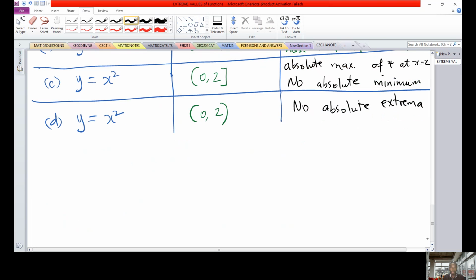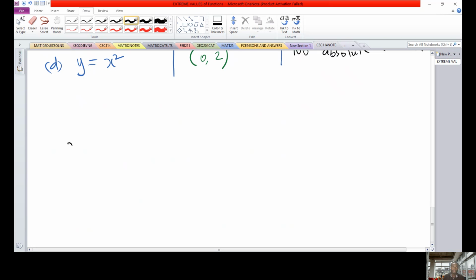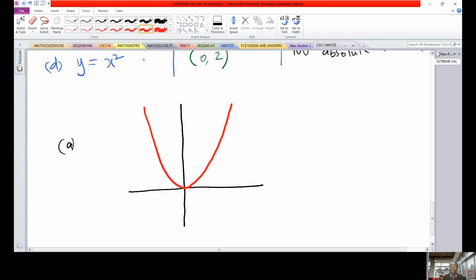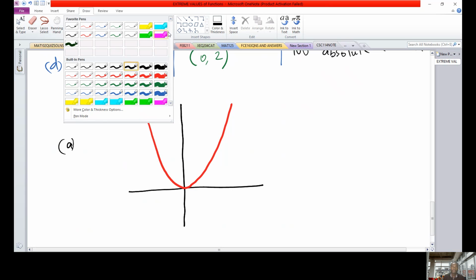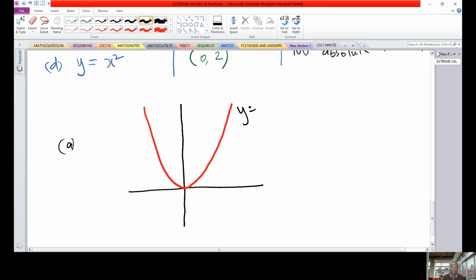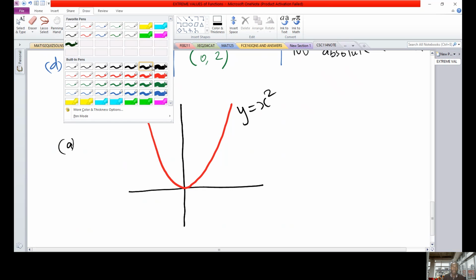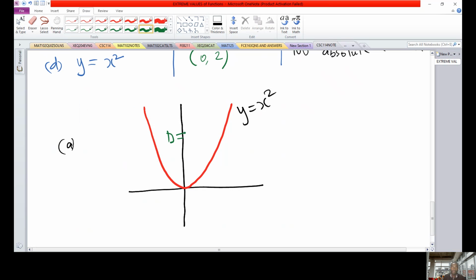So we can actually draw the graphs to illustrate what is happening. For case A, let's draw the graph. This is the graph of y equals x squared, where our domain D is from negative infinity to positive infinity.